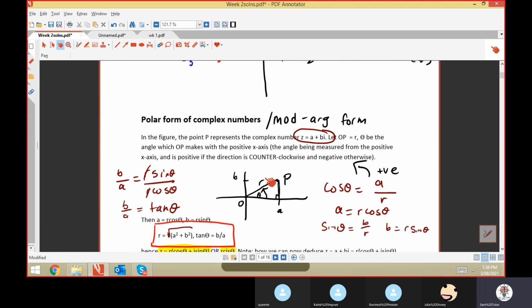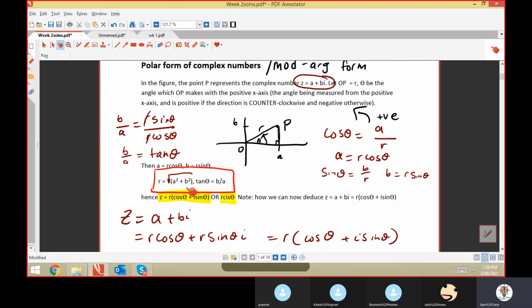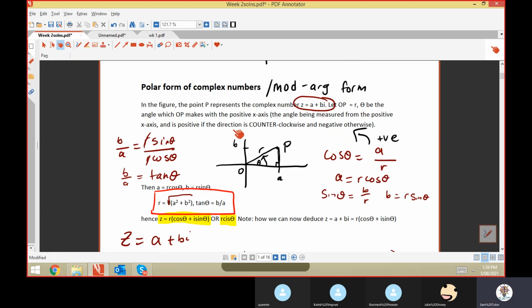So that's why I wrote up here polar form or sometimes mod arg form. Which one's the modulus? R. Which one's the argument? Your theta. Mod arg form. Any questions?